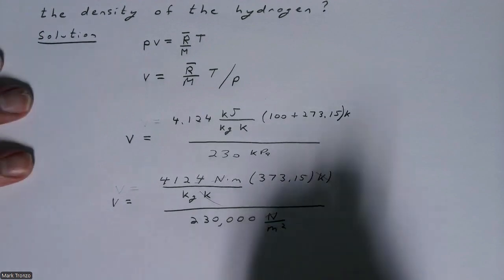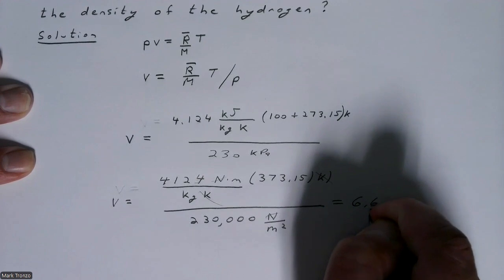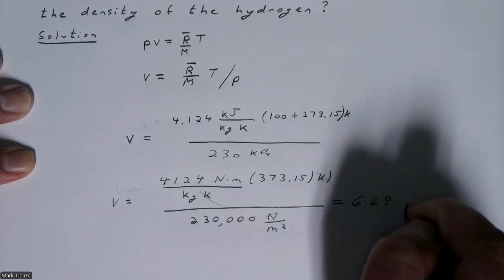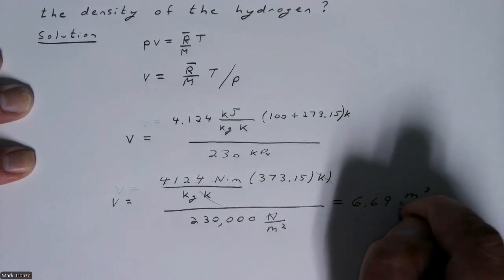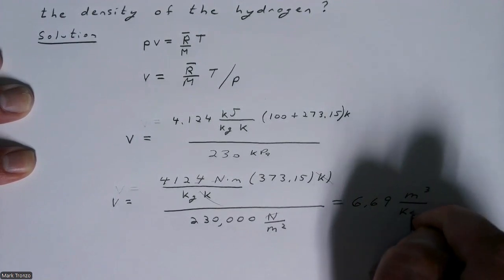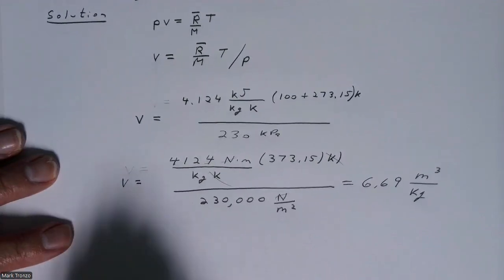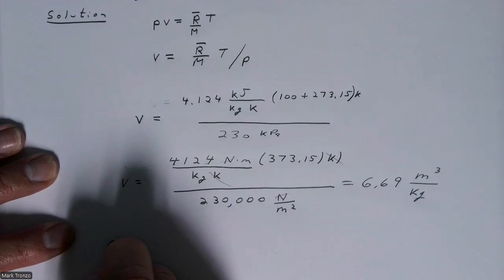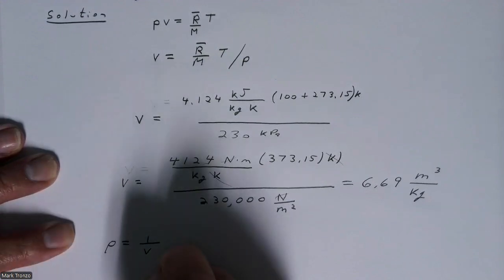And when you put this on your calculator, you end up with 6.69 meter cubed per kilograms.